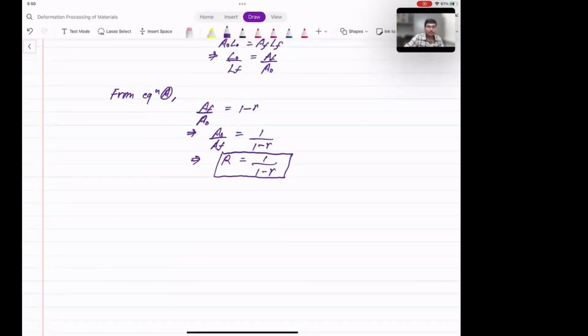Now this ratio of initial and final length or ratios of areas can be used to represent the true strain also.